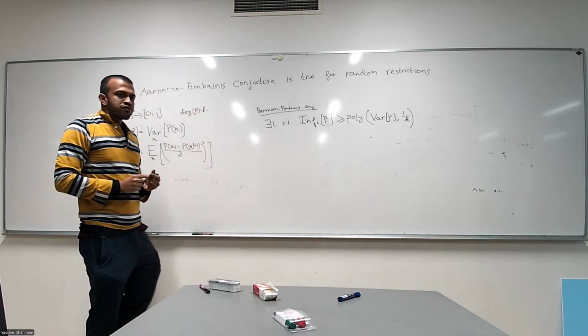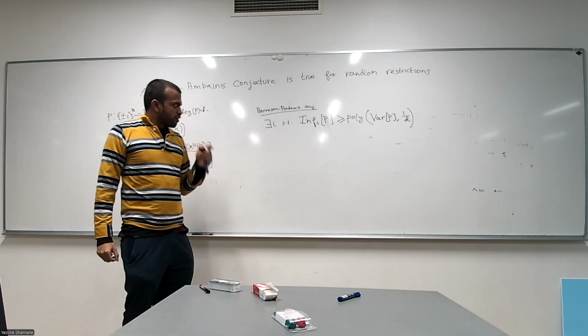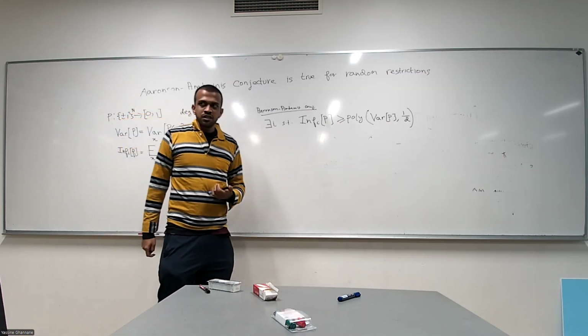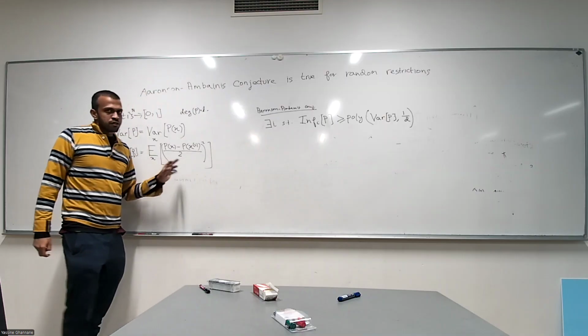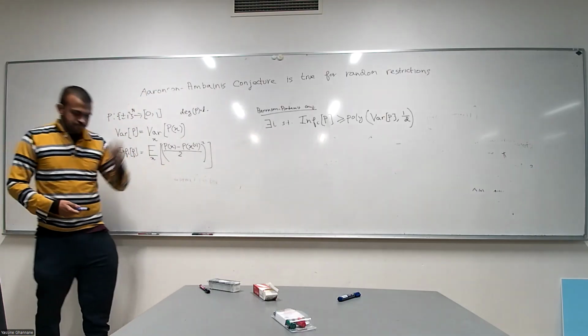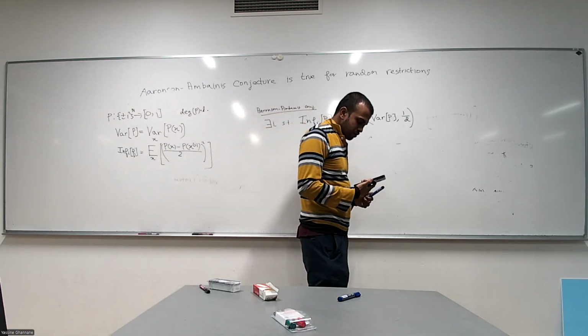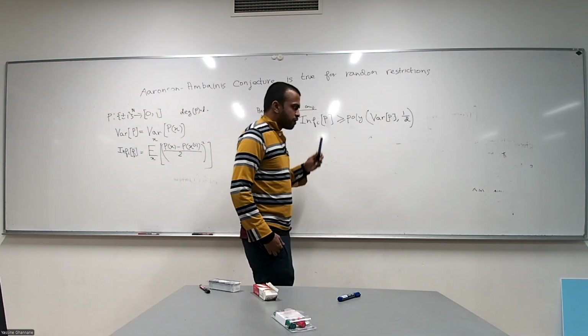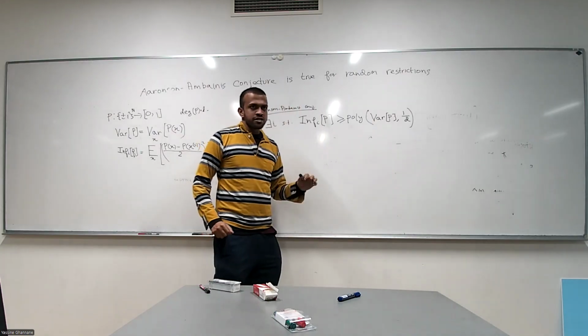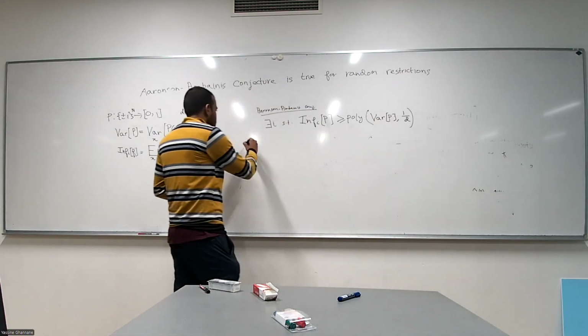So I think for the first half of this talk, I'll give a brief proof sketch of why the Aaronson-Ambainis conjecture implies a classical simulation, why this classical simulation works. I think I will finish the first half after I show this simulation result.